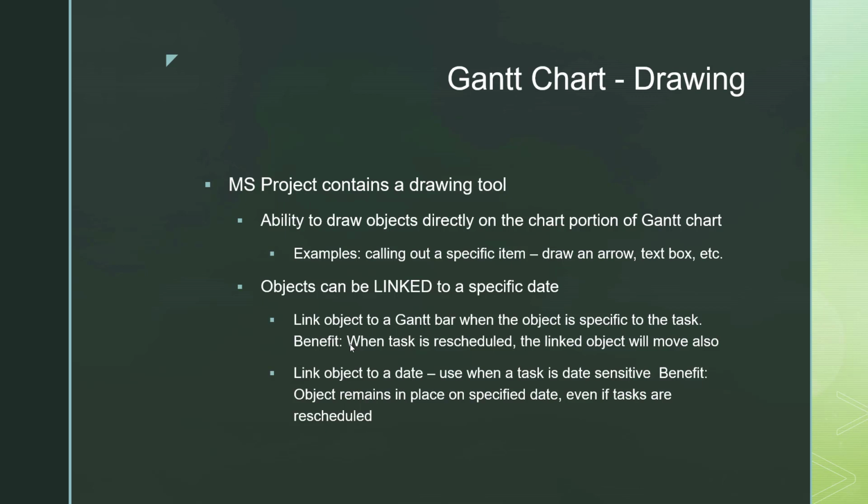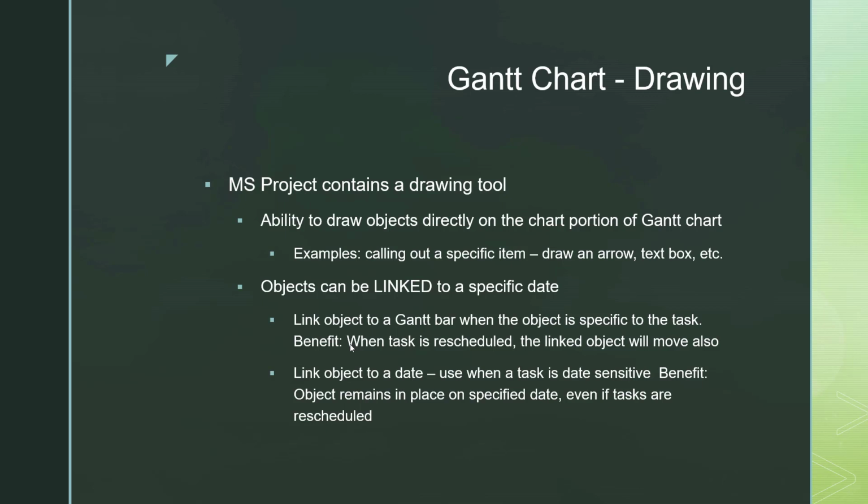What would happen there, if the task is rescheduled, the linked object moves with it. In other words, that object is tied to the bar, to that task. So when the task is adjusted, that object that you've attached goes with it.